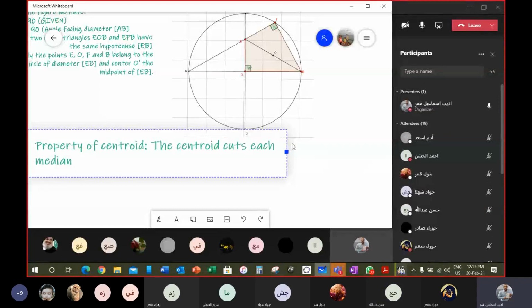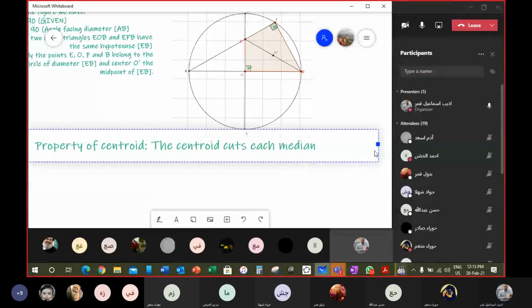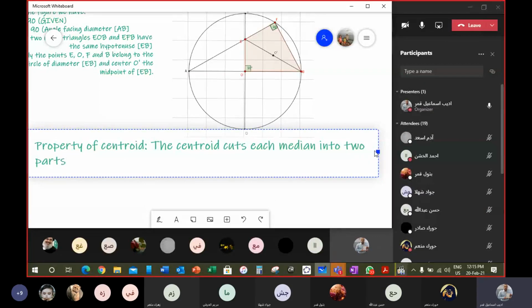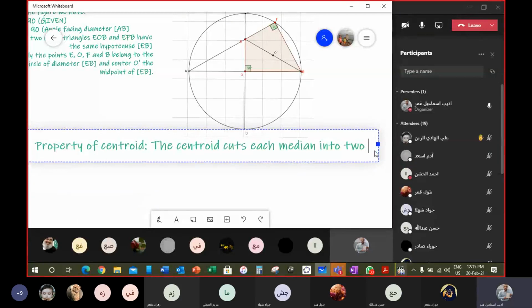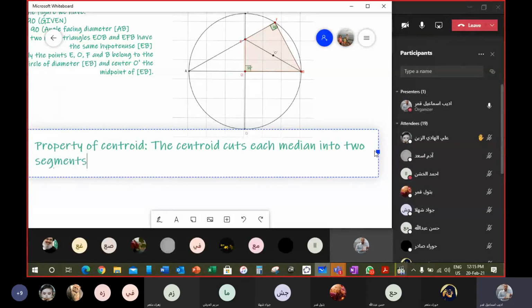The centroid cuts each median into two parts. Are they equal? Not equal. Into two segments. Let's say into two segments.